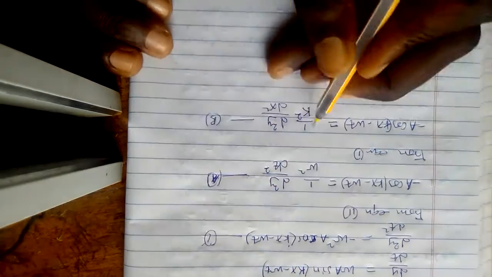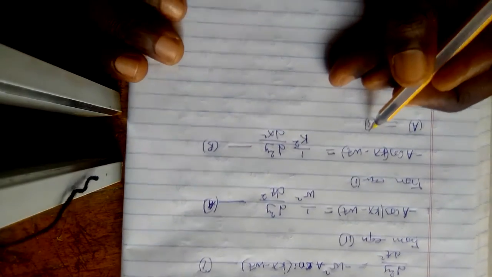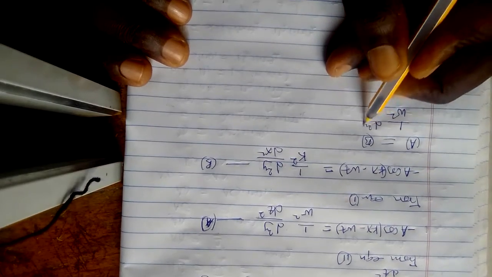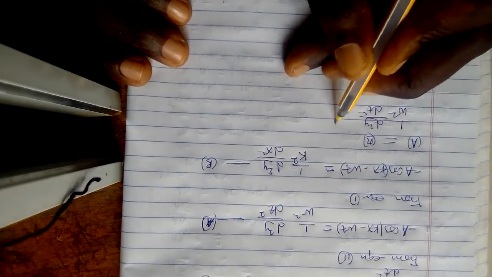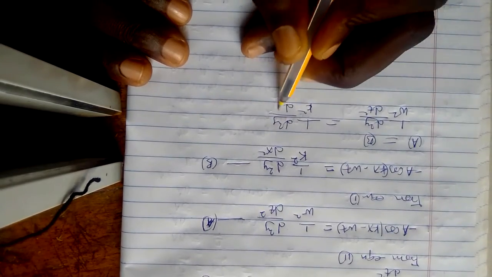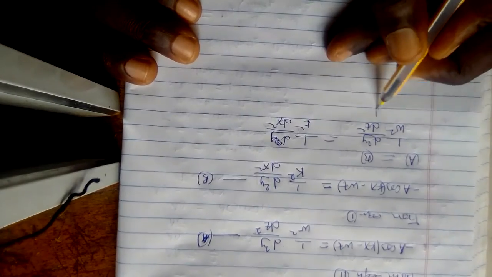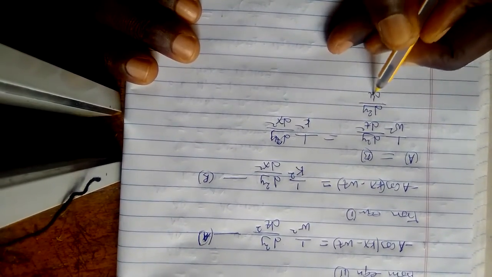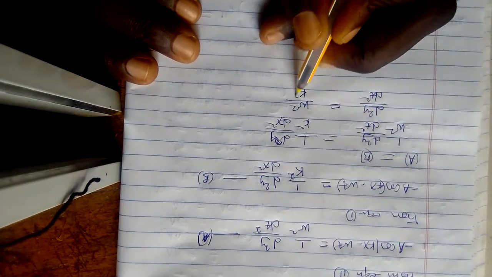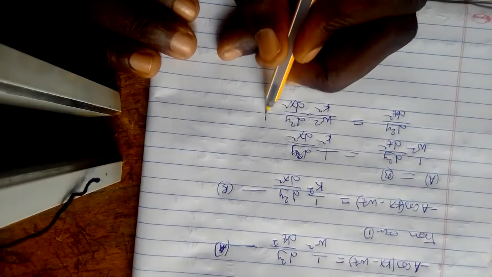This was a, implying that a is equal to b. So we shall have 1 over omega squared d squared y/dt squared is equal to 1 over k squared d squared y/dx squared. So we shall have d squared y/dt squared equaling omega squared over k squared d squared y/dx squared.